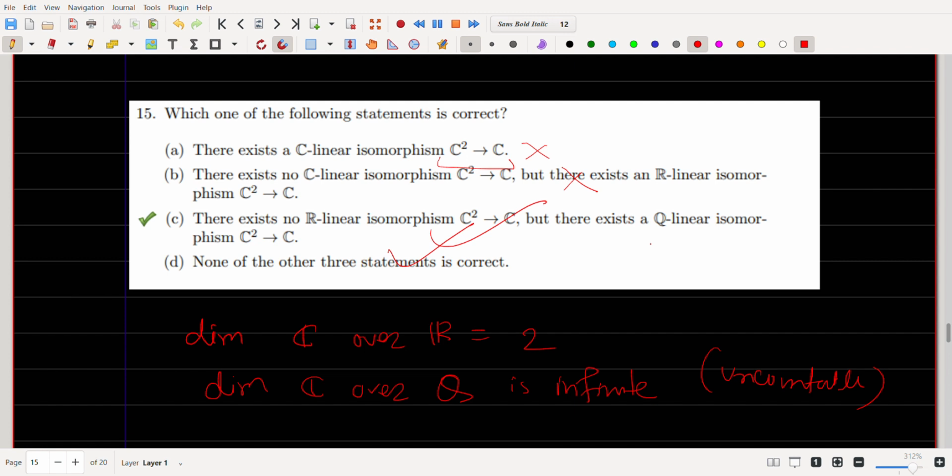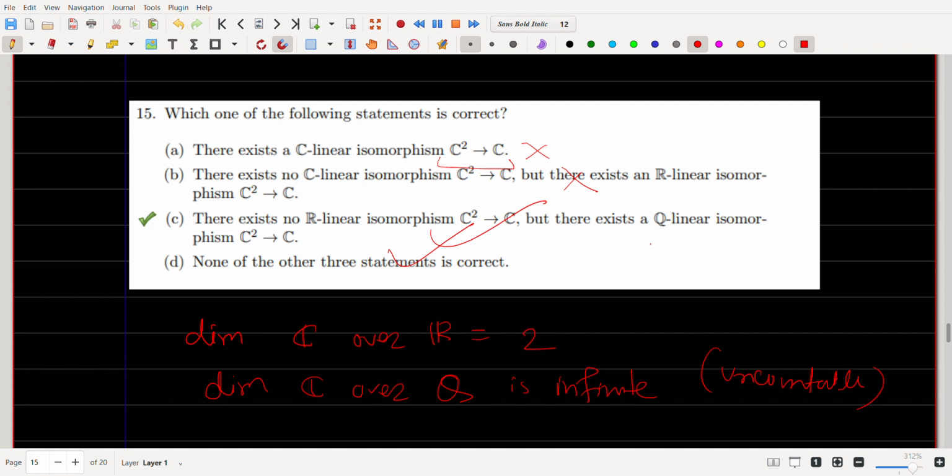Then by using the linearity property, you extend it to the whole space, and that gives you a linear map. That means it is enough to give a bijection between the bases. So if both bases have the same cardinality, then you can give an obvious bijection. By the definition of sets, you can define whatever bijection you want, and that will uniquely extend to a linear isomorphism from that vector space to another.